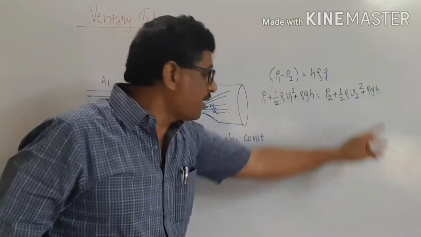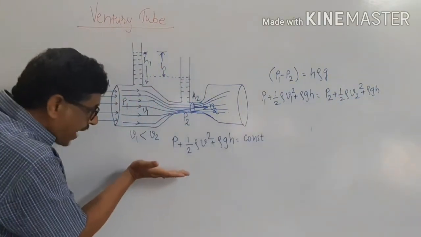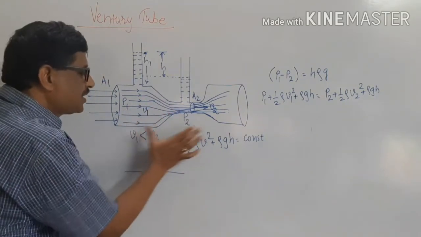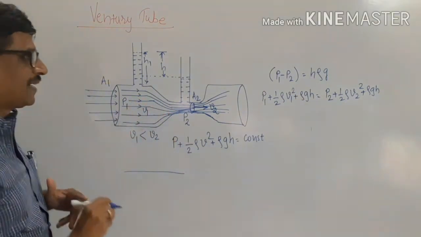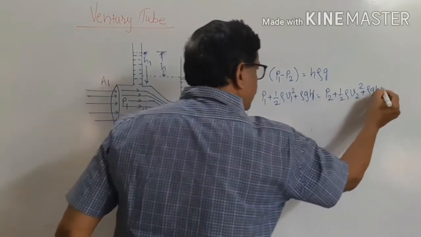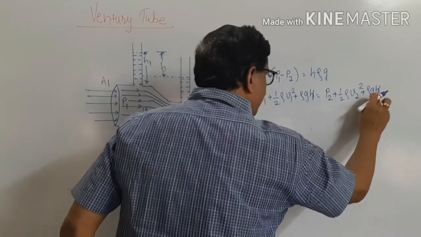Here H is the same for both because the height from the reference level for these two tubes is approximately the same. In order not to have any confusion, we will treat this as capital H.